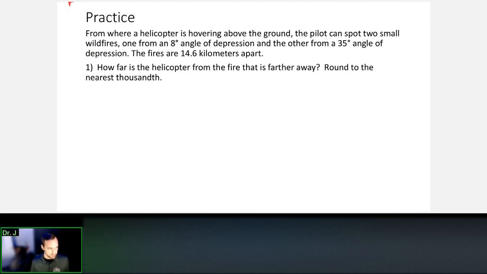And then when you have finished that, once you have created your diagram, you don't have to label anything yet, but I just want to see once you get to that step, basically.